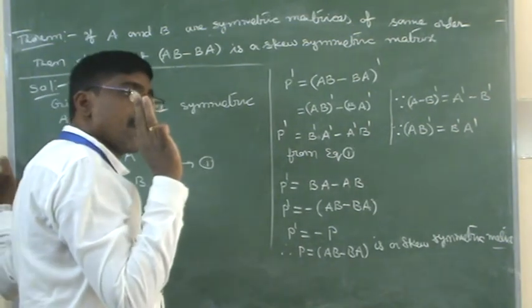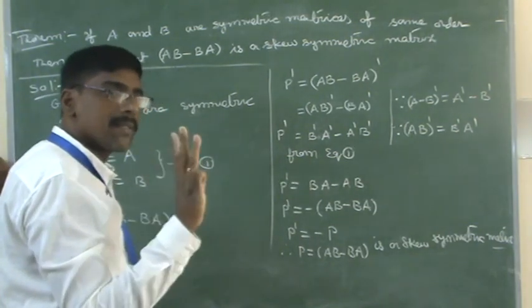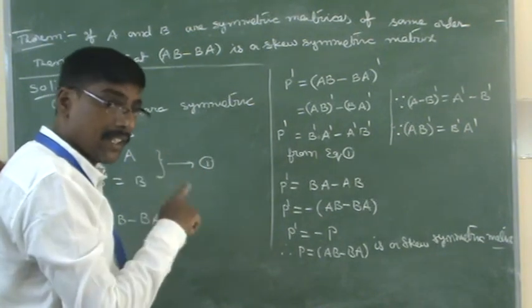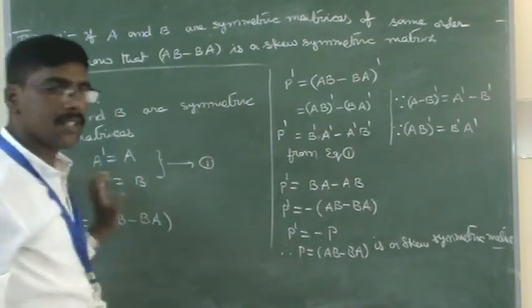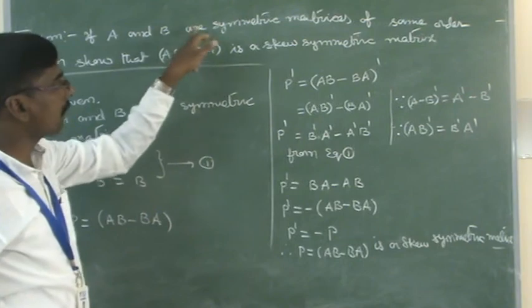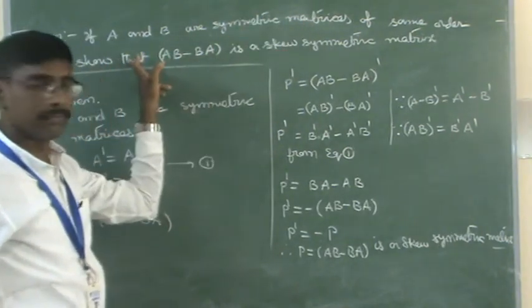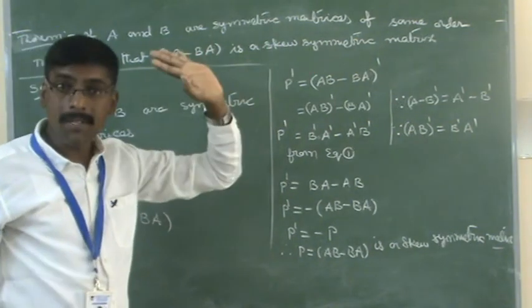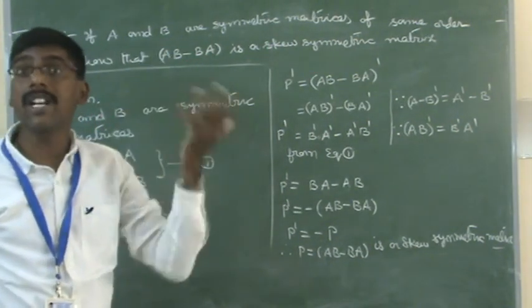In our matrices concept, 3 theorems are there. 3 theorems, 3 mark questions, very important. Already we discussed 2, one more is there. That we will discuss in one more class. Here the concept is very clear. A and B are symmetric matrices of the same order. Then prove that AB minus BA is skew symmetric. What is the condition of skew symmetric?